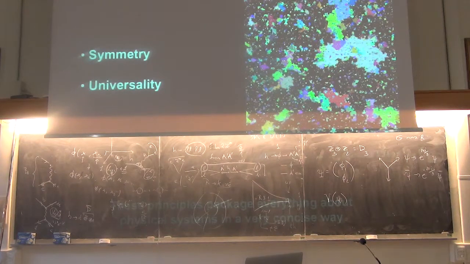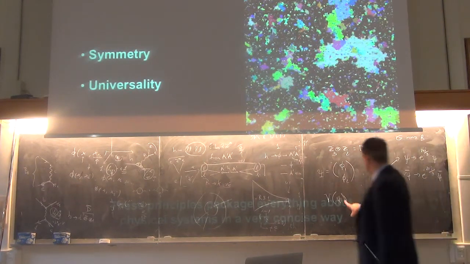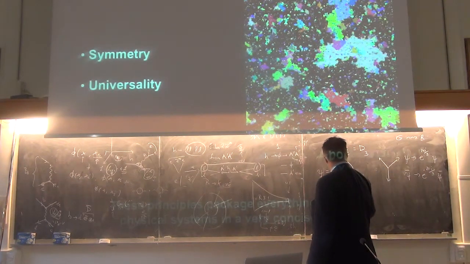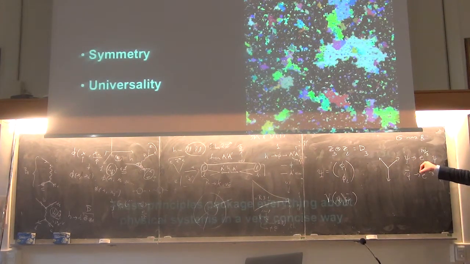So I shall have an order parameter which is complex, and all my potential should be invariant if I change psi by rotating 2 pi i over 3, and power of course, but this is the simplest one, and psi bar by minus 2 pi i over 3. So what is the most general function which is invariant under these properties?